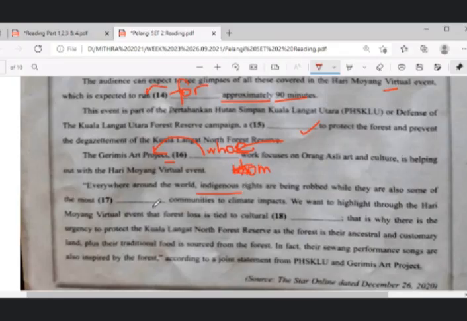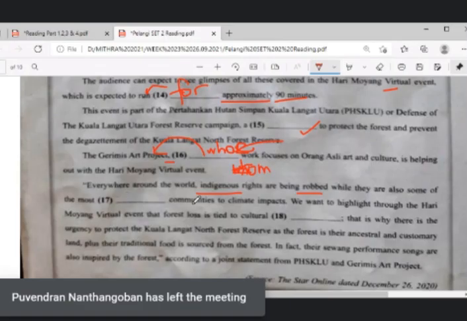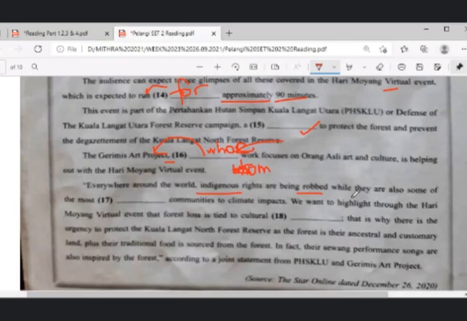So everywhere around the world, indigenous rights are being robbed. Their human rights have indeed been taken away. While they are also some of the most communities to climate impact. So they are also some of the most attacked communities, disabled communities, vulnerable communities, or violent communities.